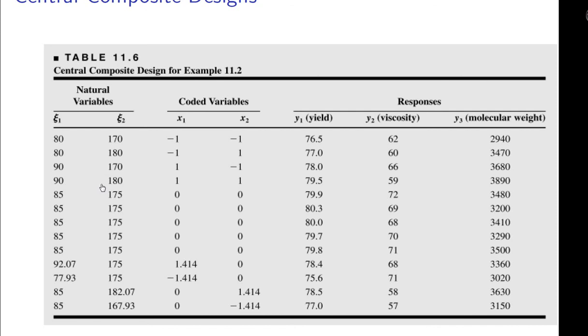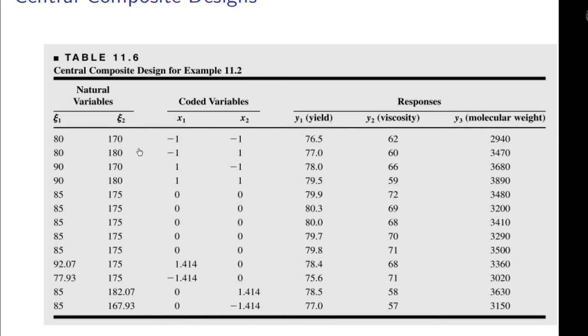So for the variable C1, which has the range 80 to 90, 80 is scaled to be a -1, 90 is the upper limit and is scaled to be 1, and 85, halfway in between, is the center. These are the center runs at 0, 0.